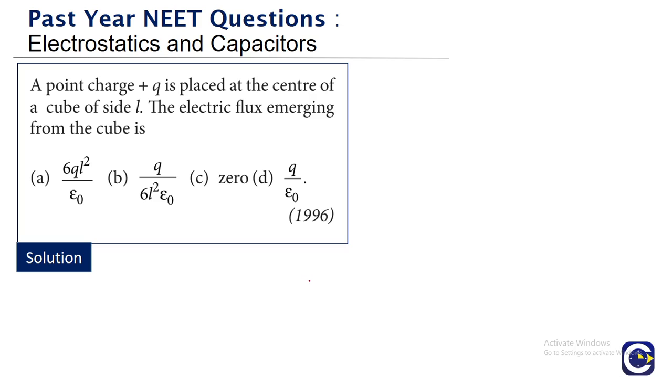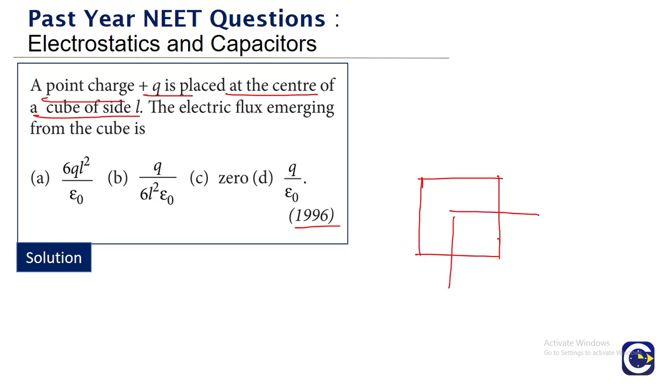Next we have a question based on the electric flux. This has come in the year 1996. A point charge plus Q is placed at the center of a cube of side length L. So let us consider a cube. The point charge is placed at the center of the cube. Side length of the cube is L. So we are keeping the charge at the center.